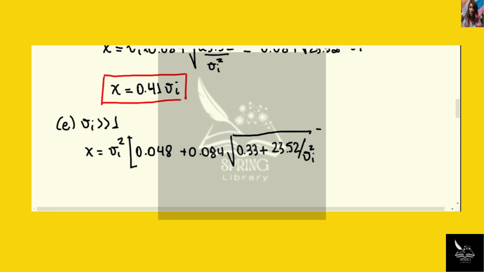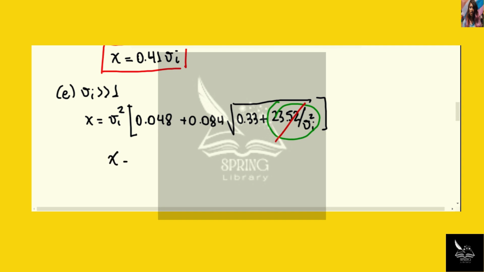And of course, if vi is much greater than 1, then this term here is very close to 0, so I can simply cancel it out. And what we get is that x is equal to vi squared times 0.048 plus 0.084 times the square root of 0.33.